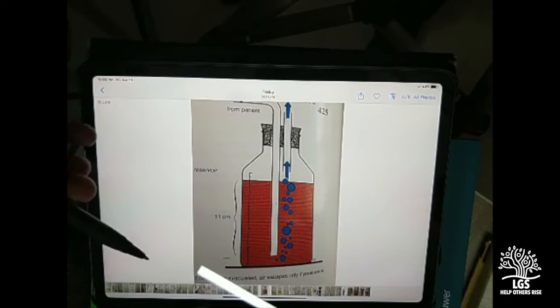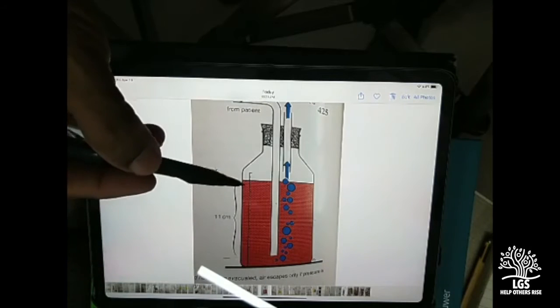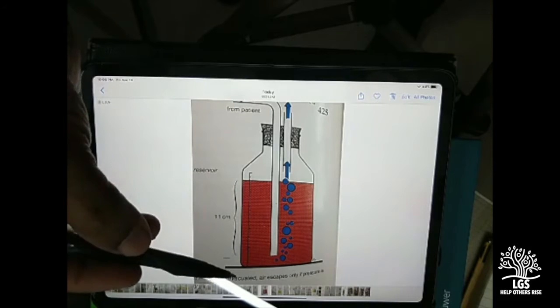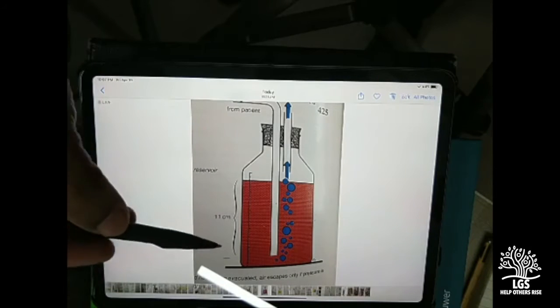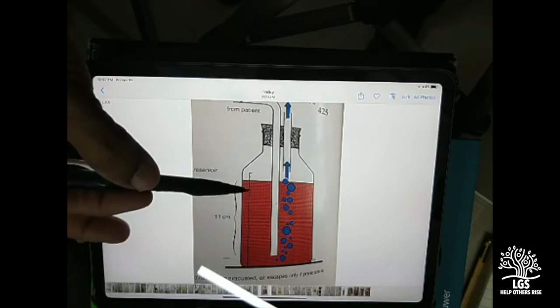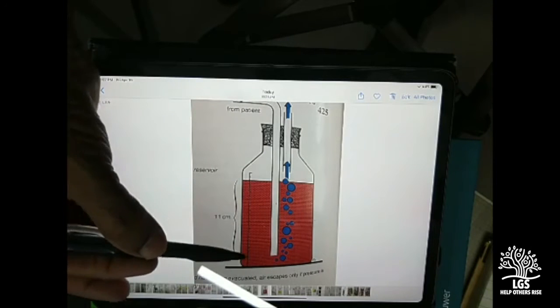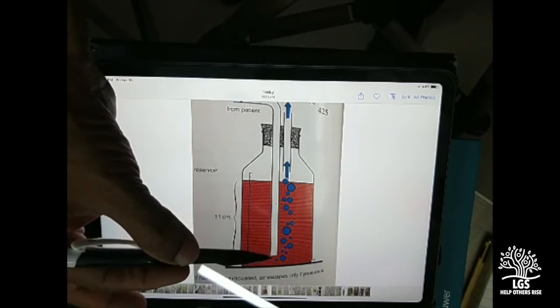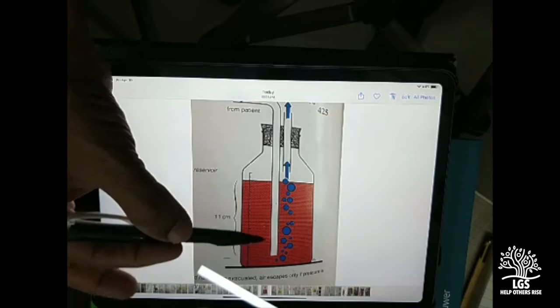Now this slide is the same bottle, but I am showing it to highlight that now the bottle is full, so the pressure has become 11 centimeters from this tip to this.